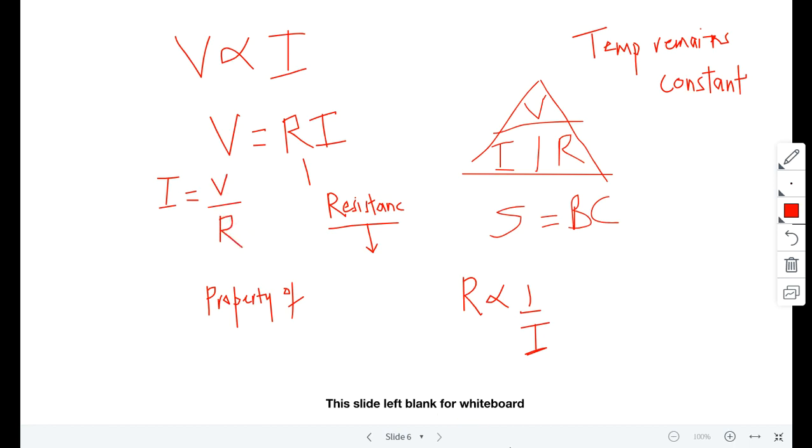So this just means that it's inversely proportional. Yeah, I've copied it down.